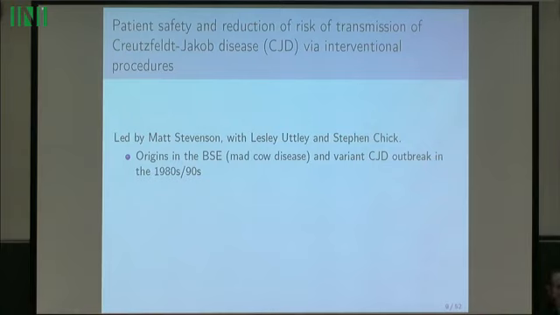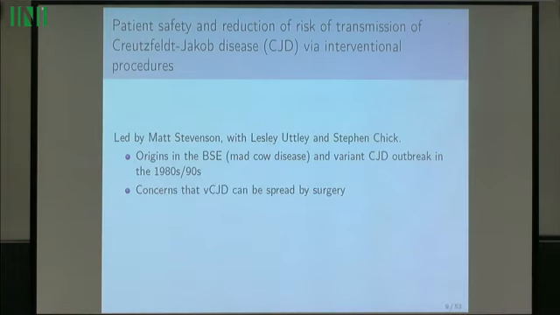The origins for this were in the BSE variant CJD outbreak in the 1980s and 90s. This is where beef cows were given feed which led to them developing mad cow disease, and then people would eat that contaminated beef. And then there was this outbreak of variant CJD. So this disease crossed over from animal into humans.